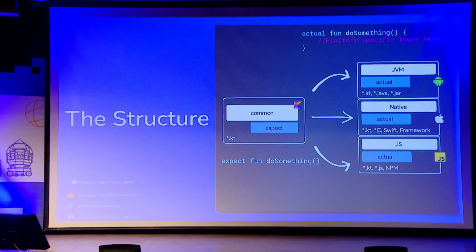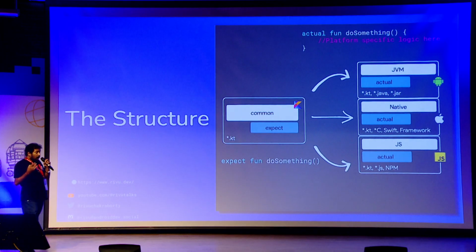Expect actual are more like interface and implementation. But when you write an interface, there is no guarantee you will write the implementation, right? No IDE or no framework forces you to implement your interfaces.